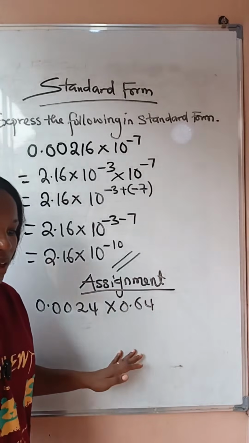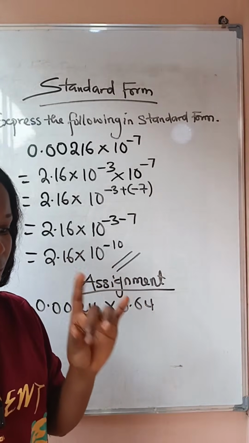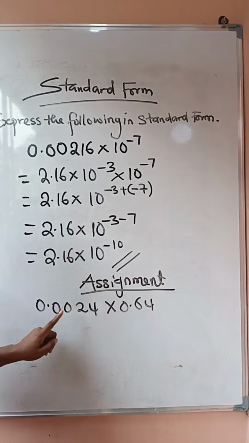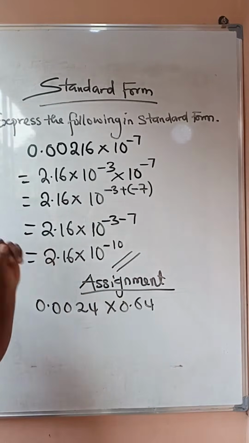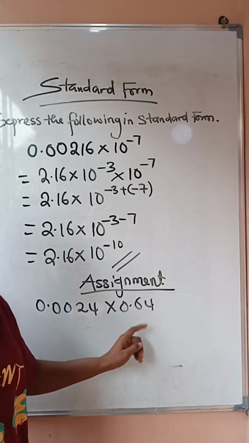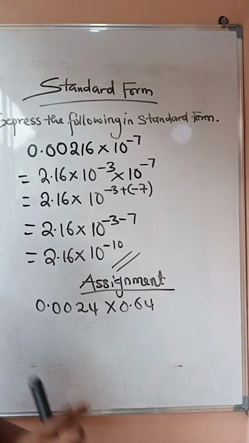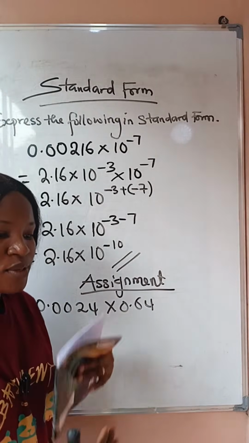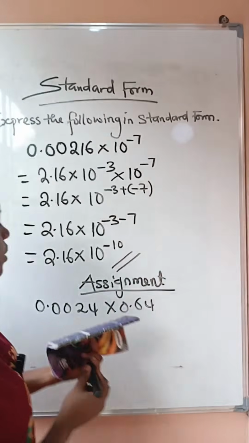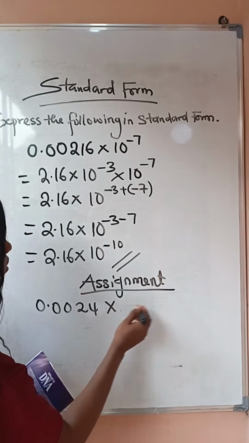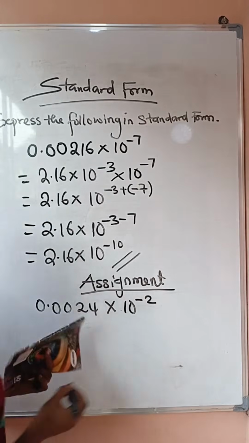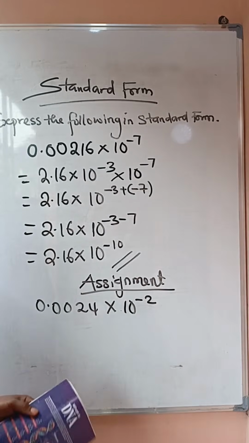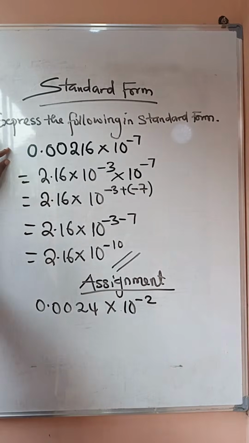Let me give you a hint. First, you need to put this in standard form. Then you need to also put this in. Okay, let me not confuse you. Let me start small. We are just going to graduate to something bigger. So let me put something here, say 10 to the power of minus 2, so that it can be in the same category as this. Let me not confuse you.